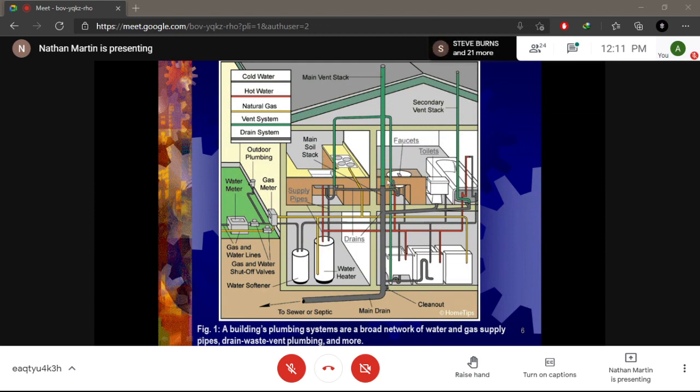If you don't have a good plumbing system in a house, you start to smell harmful gases inside, such as methane, that is biodigested within the system and being released.